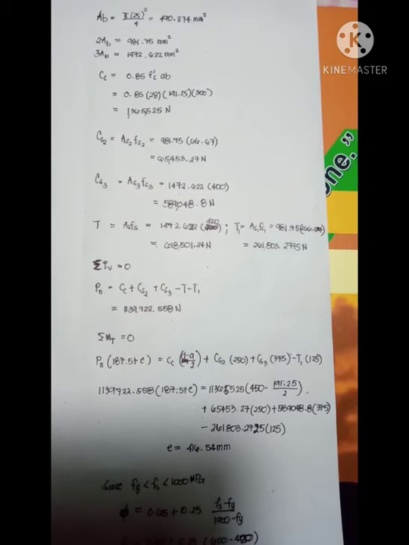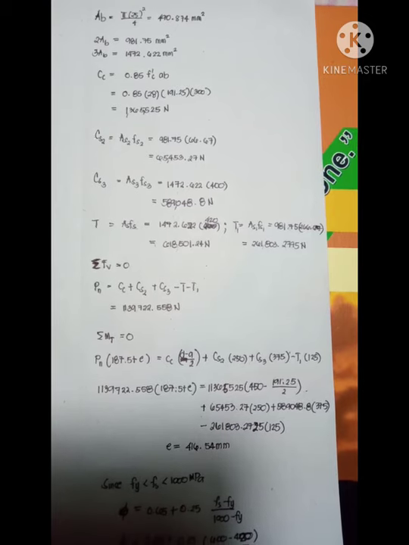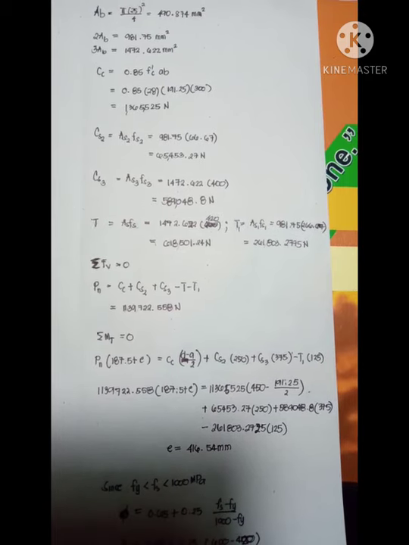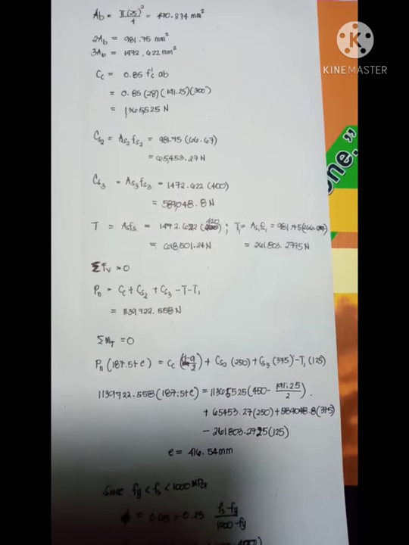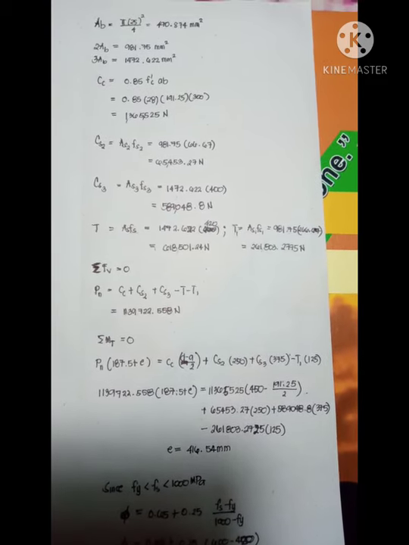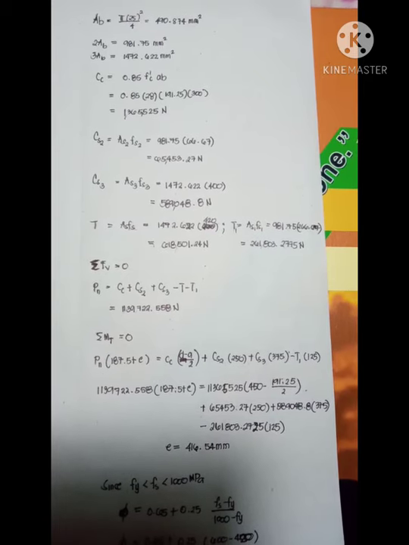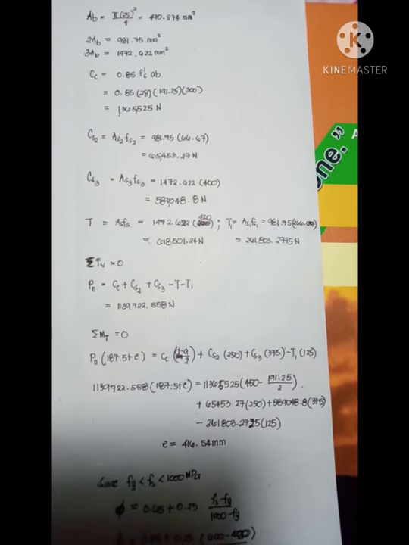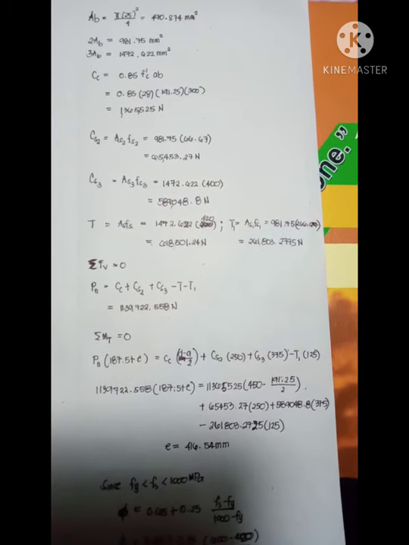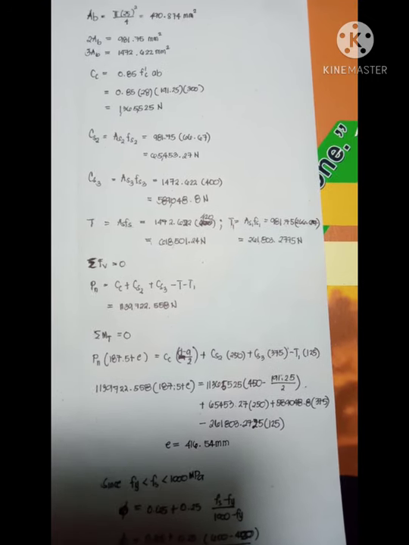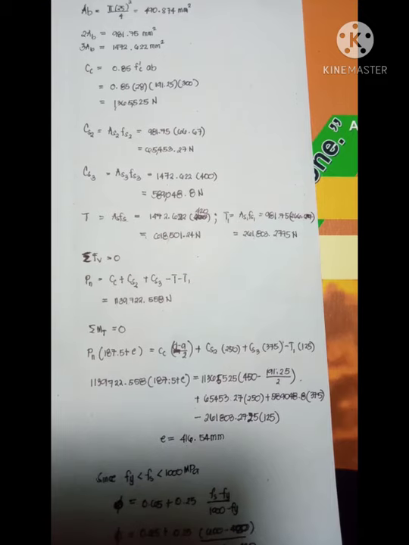And for the T, we have the formula T equals As times Fs, which is equal to As, which is 1,472.622, times Fs, which is 420. Going back to our previous solution, we have the value of Fs of 600 since it exceeds the value of Fy.